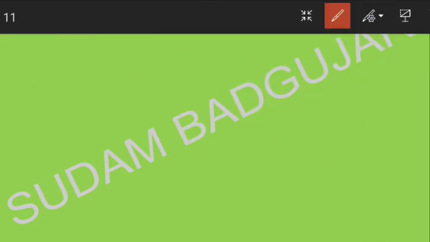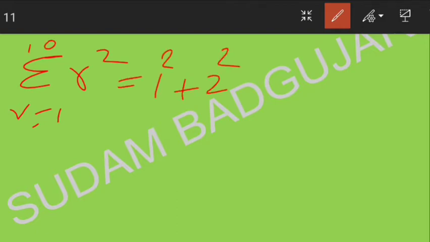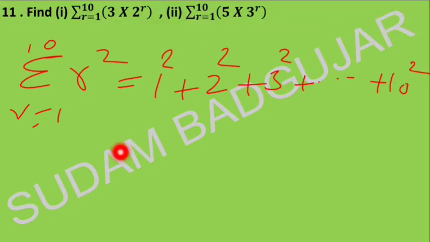Okay, one more example, suppose summation or sigma of r square, r is equal to 1 to 10. This is nothing but 1 square plus 2 square plus 3 square up to 10 square. Here r is variable, so substitute r equal to 1, 2, up to the last number, 10, then 10 raised to 2.